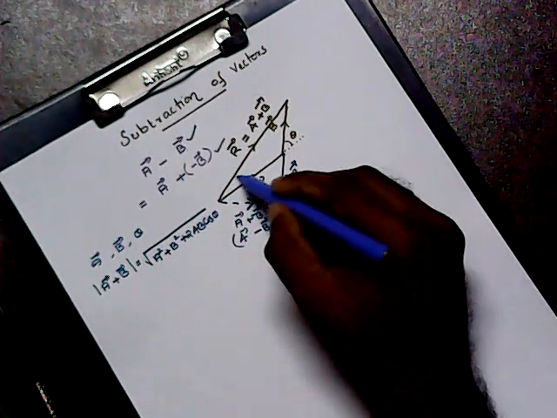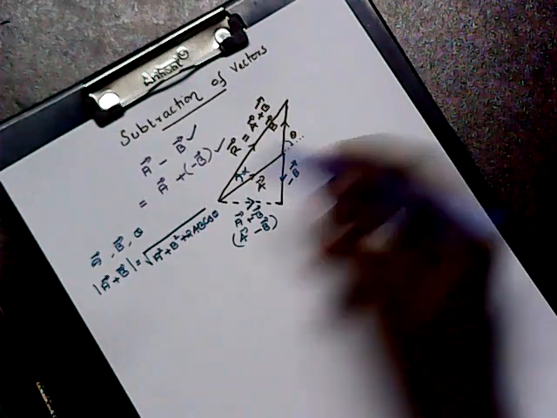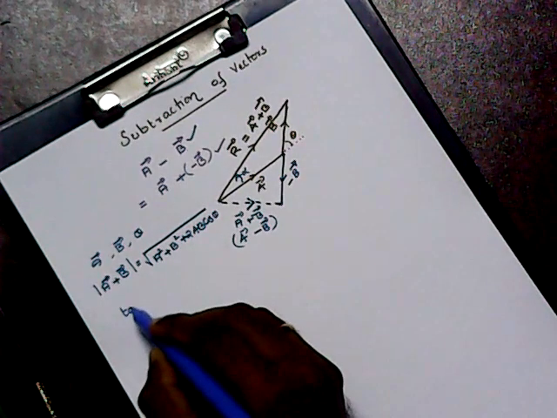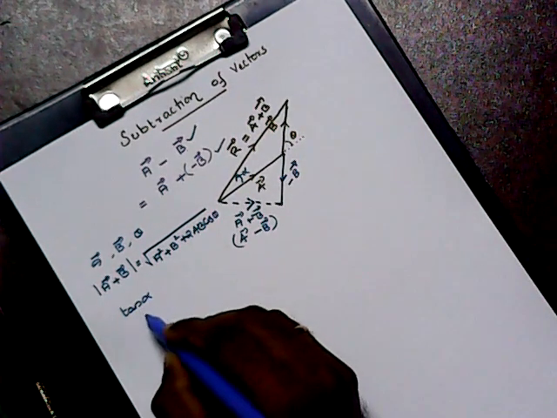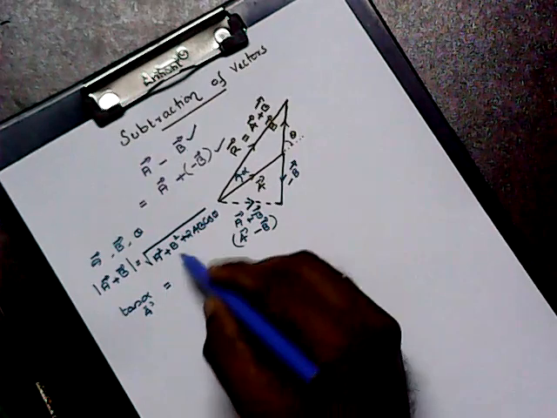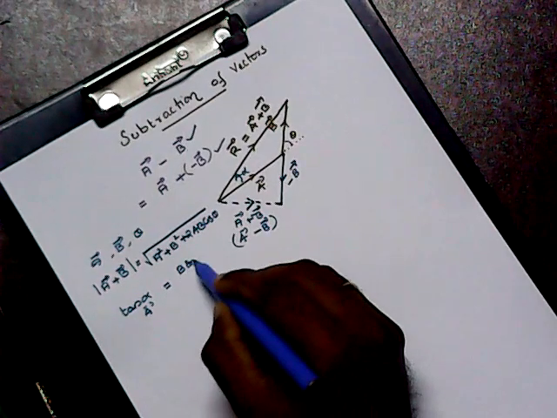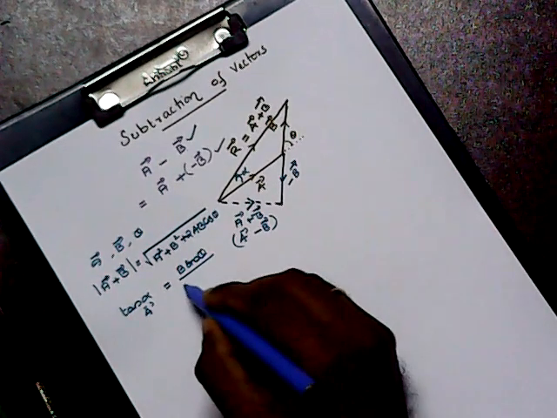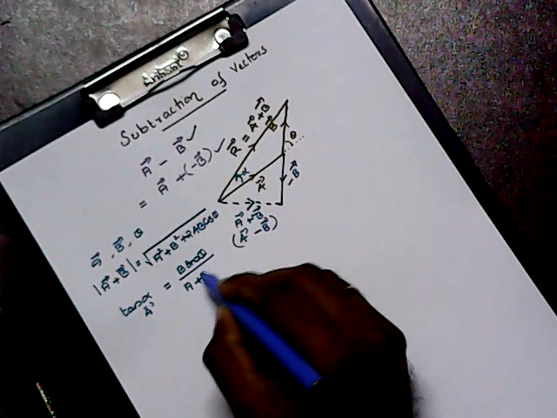The resultant makes an angle alpha with respect to vector a, so tan alpha is equal to b sin theta divided by a plus b cos theta.